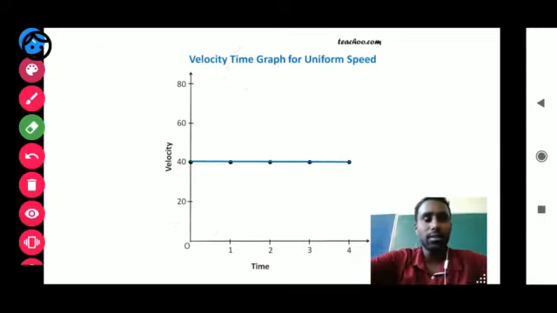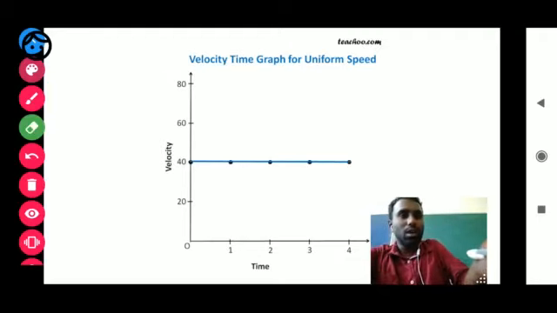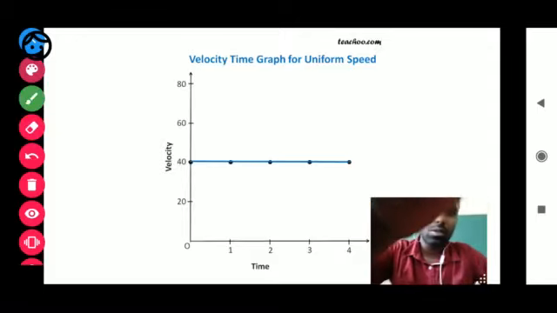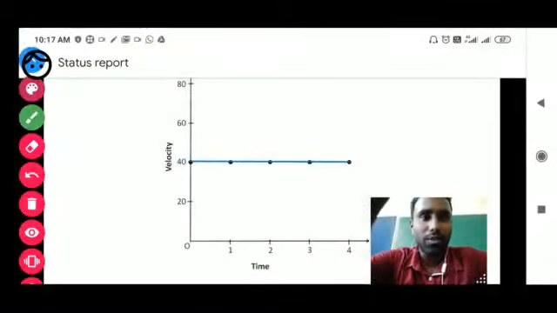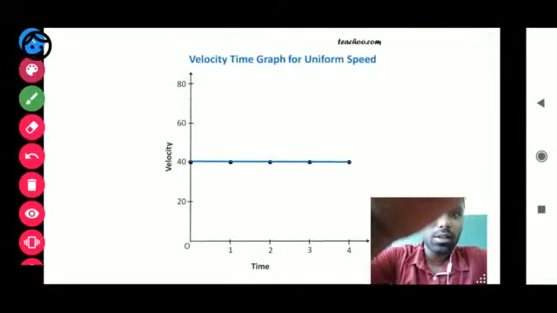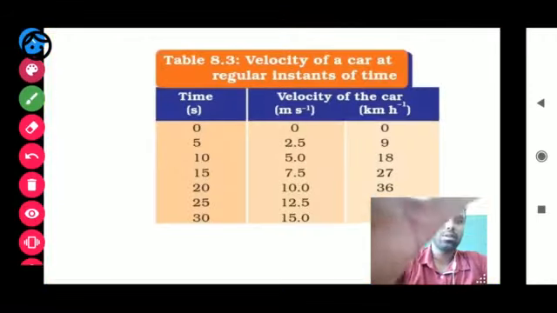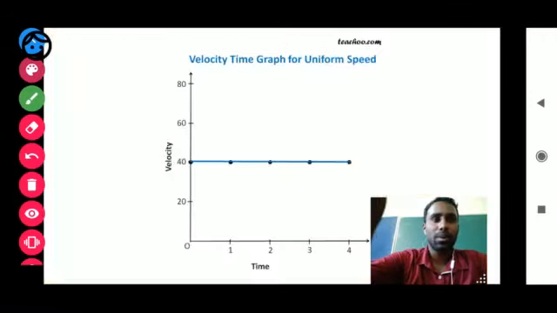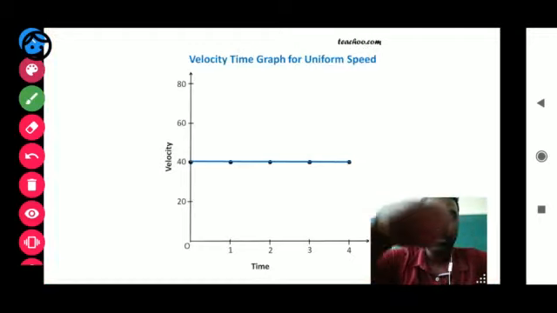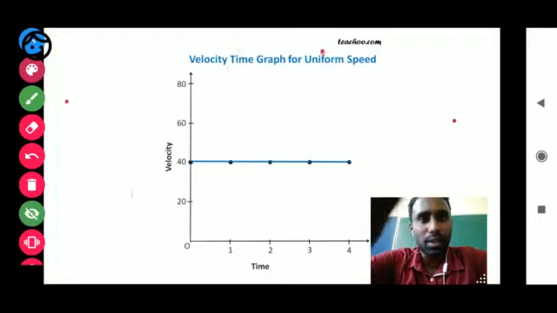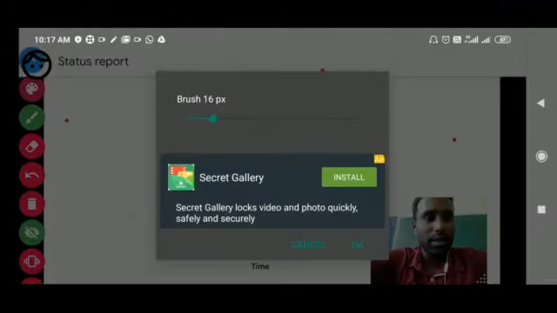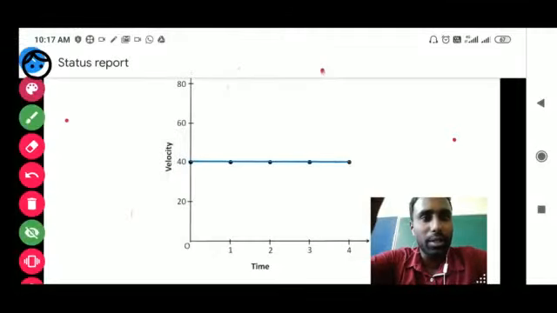See, look at here, for the first 1 hour, it will go at 40 kilometers per hour speed.